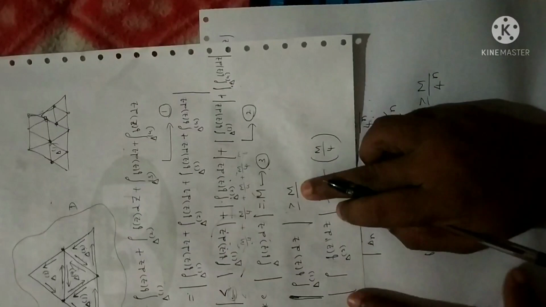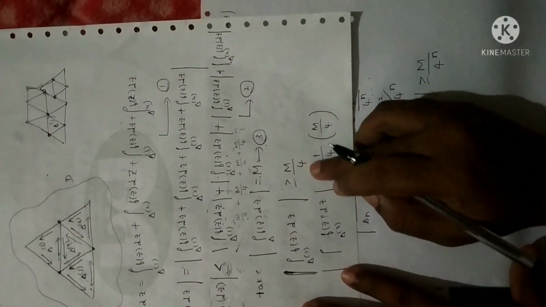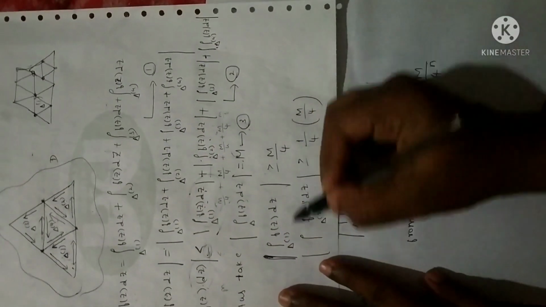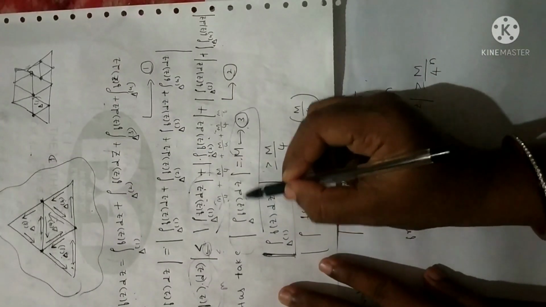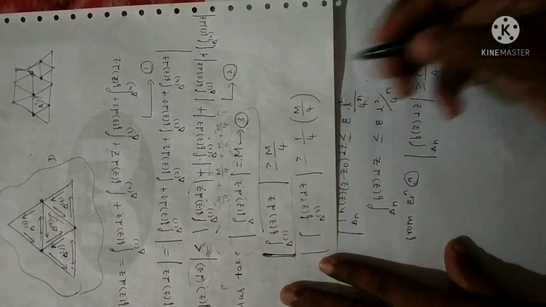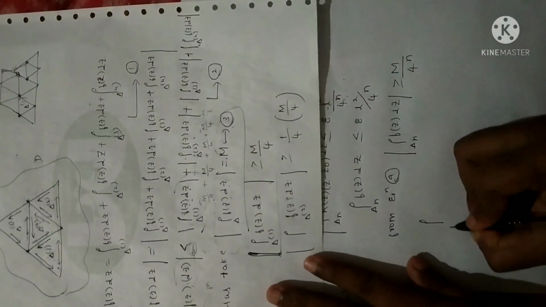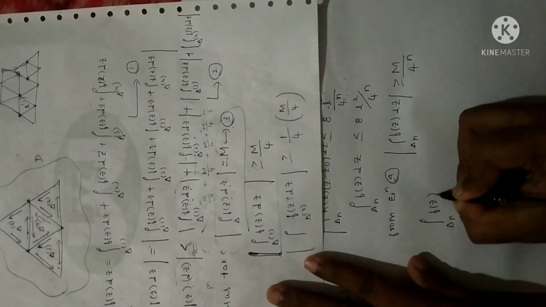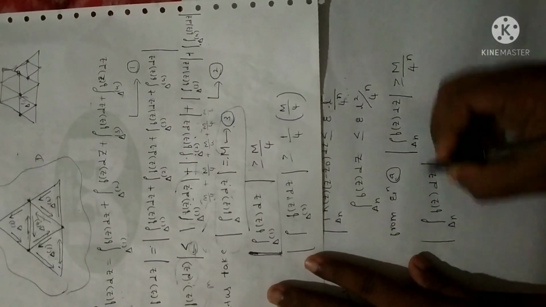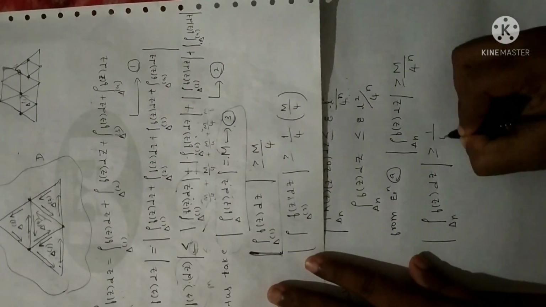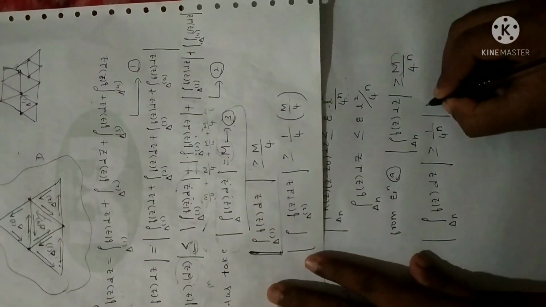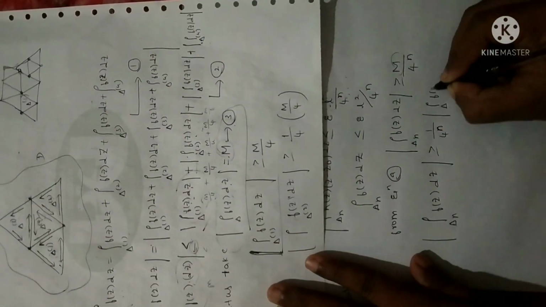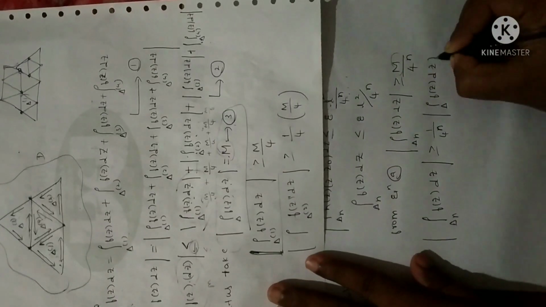See here, m is the integral over delta of f of z into dz. From equation 3 I can replace this: the magnitude of the integral of f of z dz will be greater than or equal to 1 by 4 power of n. I'll keep it as it is. Now I'll replace m with this value, that is the magnitude of the integral over delta of f of z dz.